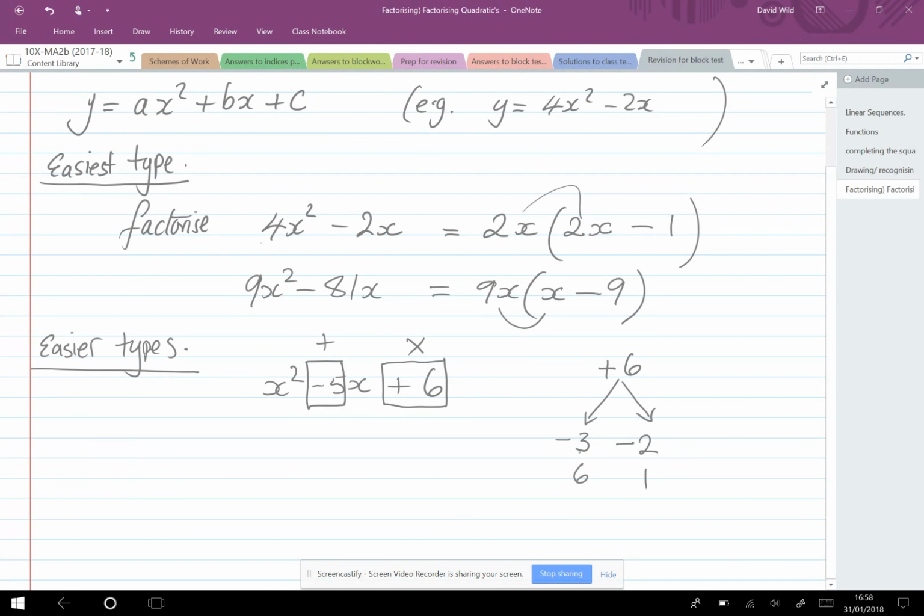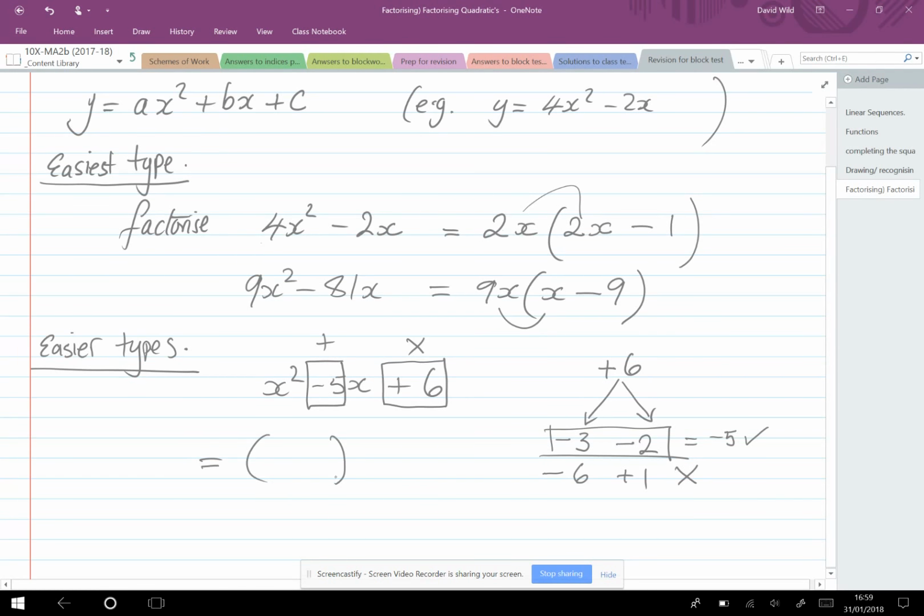If I get minus 3 and take away another 2, that's minus 5. So we're happy with that. Can I get minus 5 out of this? Well, I could get minus 6 and plus 1. That's also minus 5. But if I multiplied these together, a minus times a plus is a minus, so that wouldn't be right. So that can't be correct. So these two are the correct numbers to use.